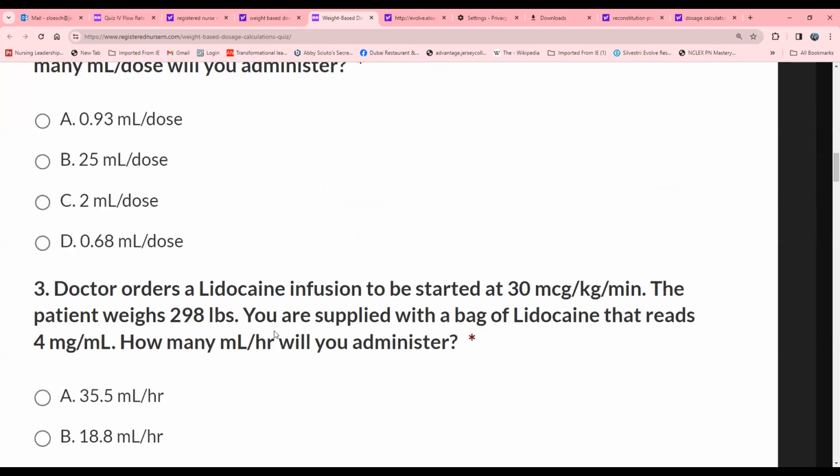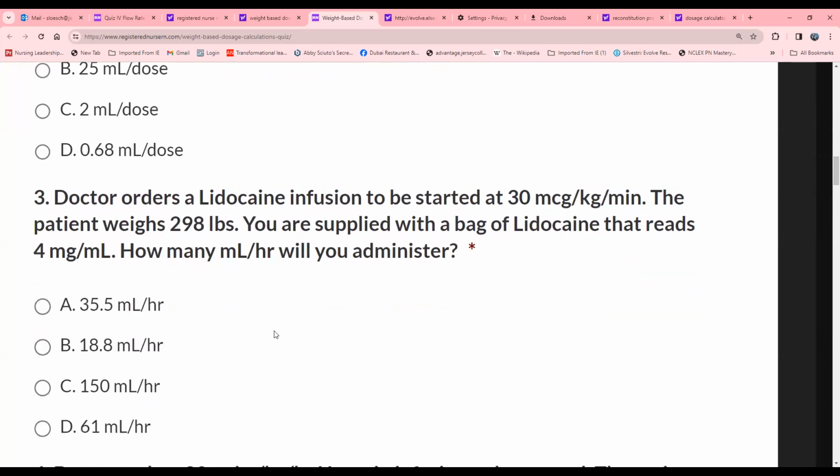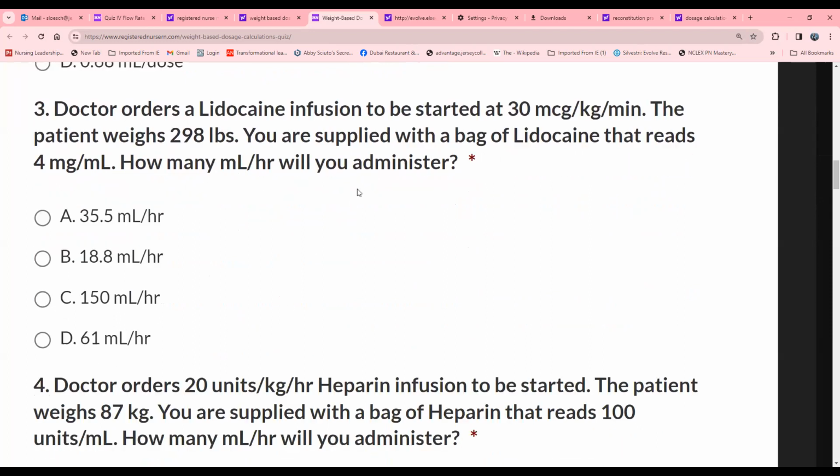We're going to stay on these for a minute and then we'll come back and do these other ones. Okay? There you go. See if you can solve it. Number 3.